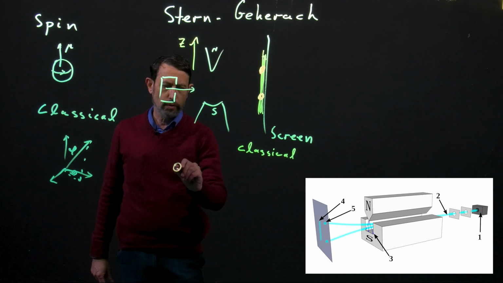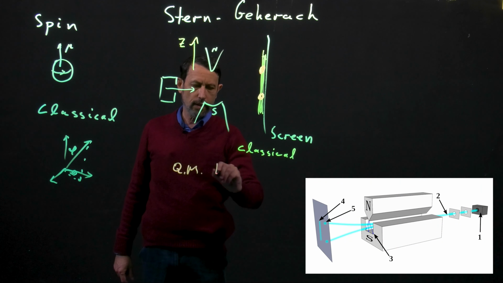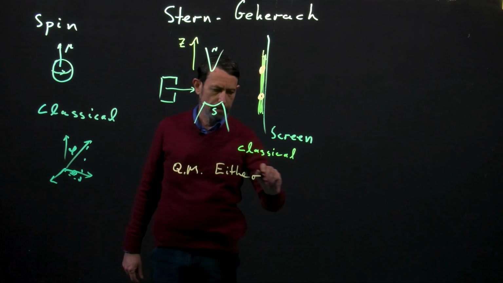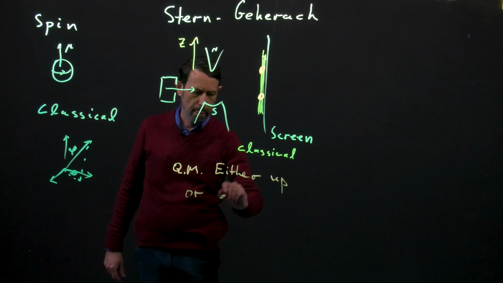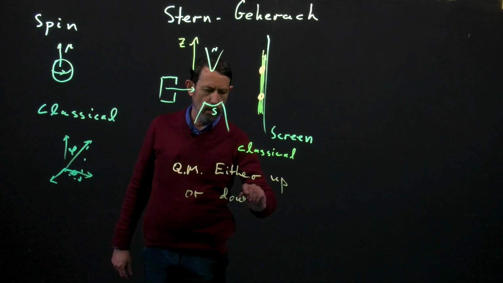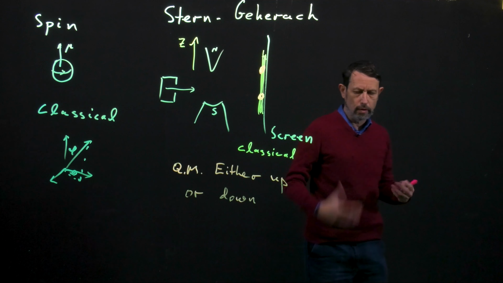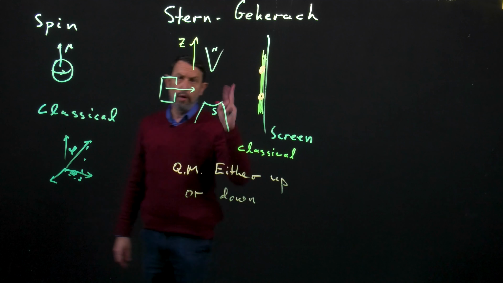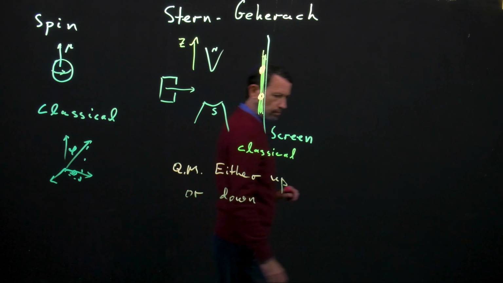So, from the point of view of quantum mechanics, we have either up or down, no other values are seen, meaning that we have here a quantum observable that can acquire only 2 different values, up and down.